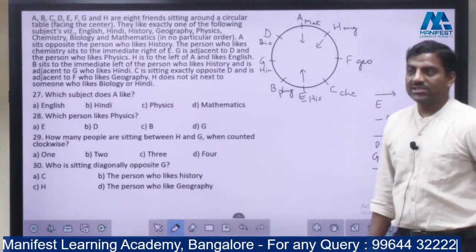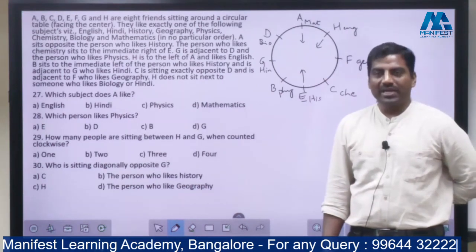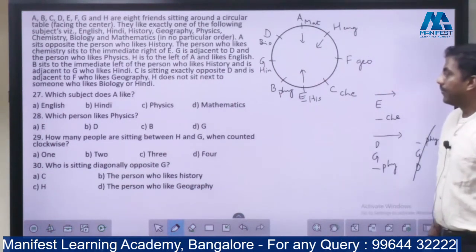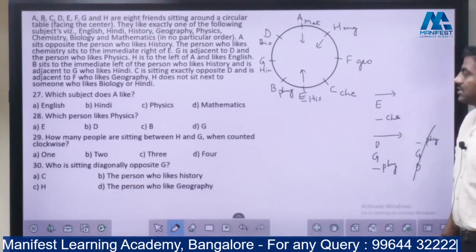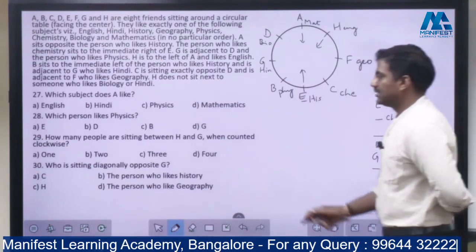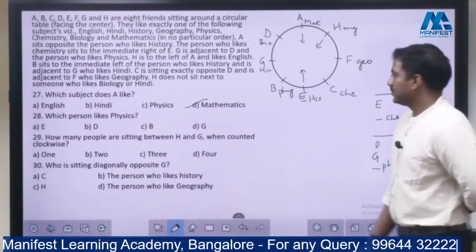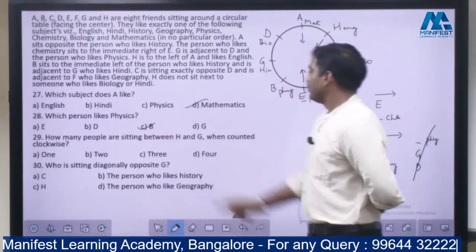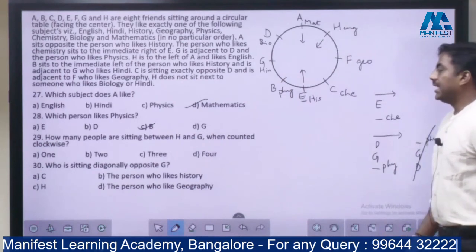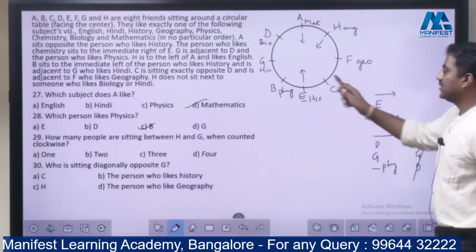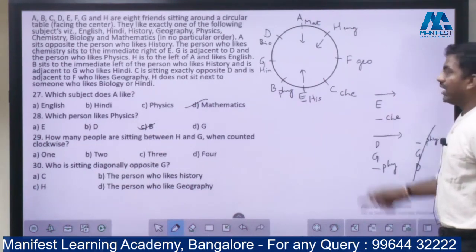See, 8 persons, 8 likings. Yes, it is complicated. You have to be careful. Yes, done. Now see, which subject does A like? Mathematics. Which person likes physics? B. Then, how many people are sitting between H and G, counted clockwise?